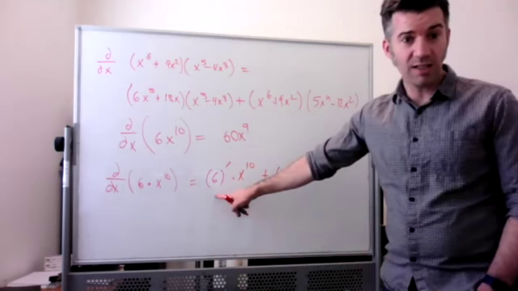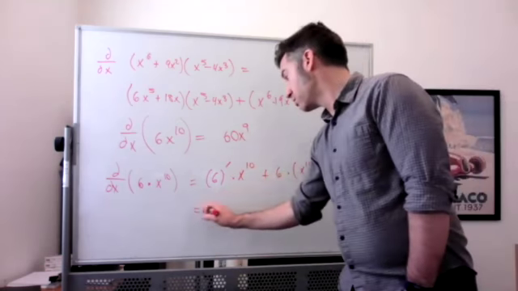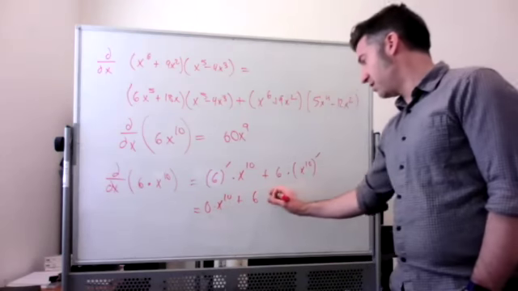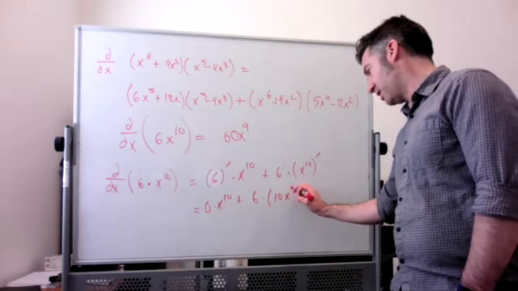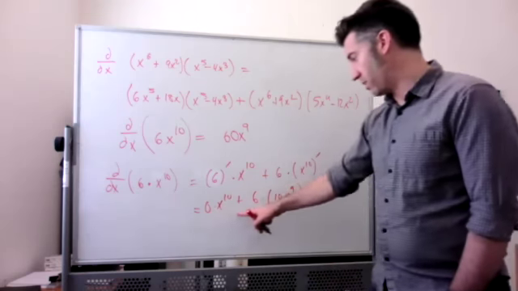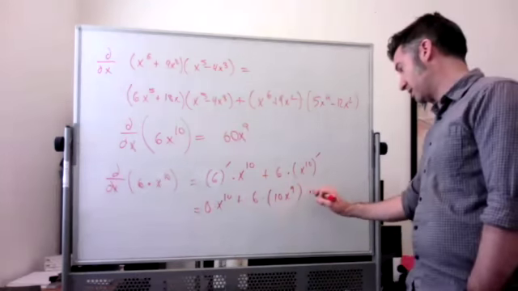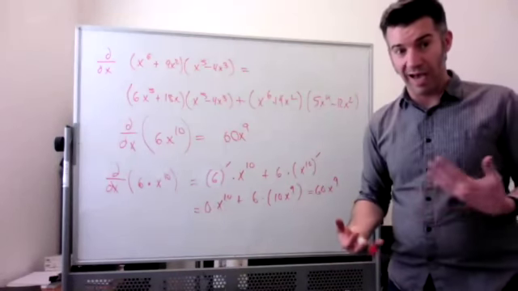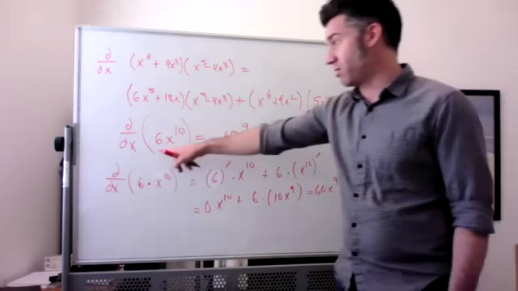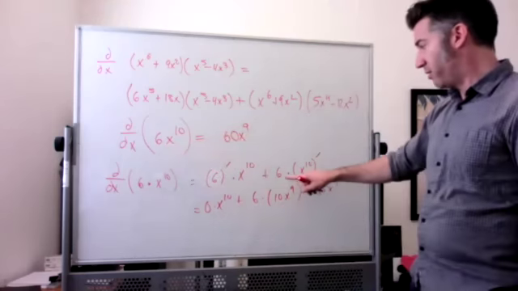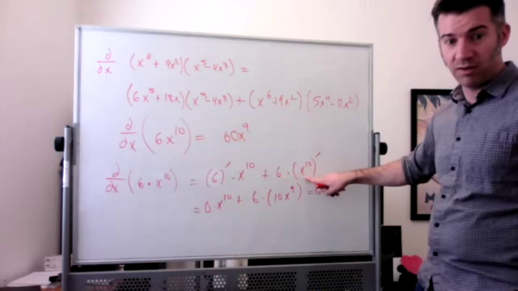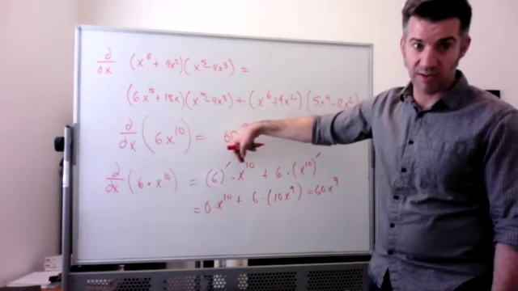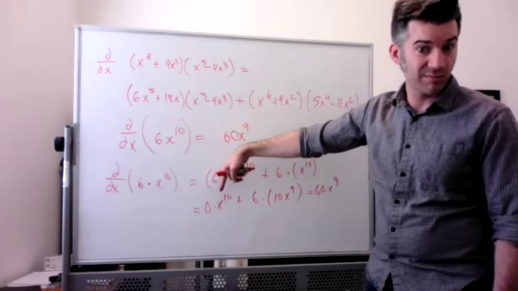The derivative of a constant is 0. The derivative of x to the 10th is 10x to the 9th. So you get 0 plus 6 times 10x to the 9th, which is 60x to the 9th. So this is why the constant multiple rule actually works. When you have a constant multiple of a function, that's why you get the constant multiple times the derivative of the function. Because the other half of the product rule has you taking the derivative of the constant times the function, but the derivative of the constant just gives you 0. Interesting.